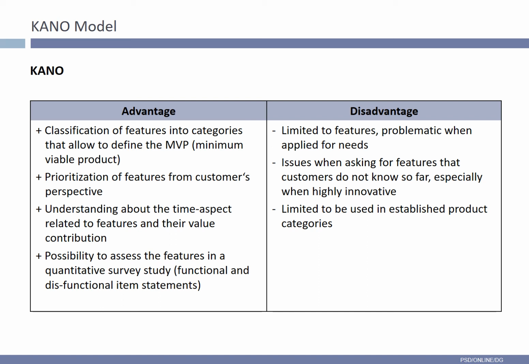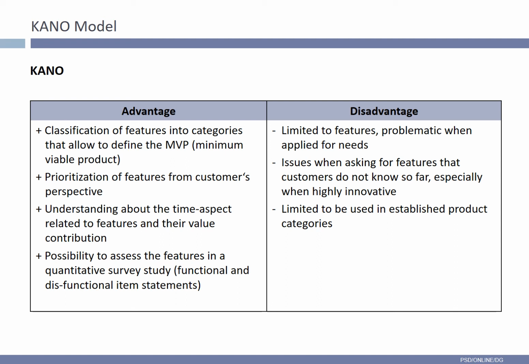Another issue arises when asking for features that customers do not know so far, especially when they are highly innovative. So if you try to apply this framework to a radical new product, that's quite difficult, because for the radical new features, or even an entirely new product, it will be very difficult for customers to assess whether they actually need it, and whether they are satisfied or dissatisfied with it, because they simply don't know your radical innovation.